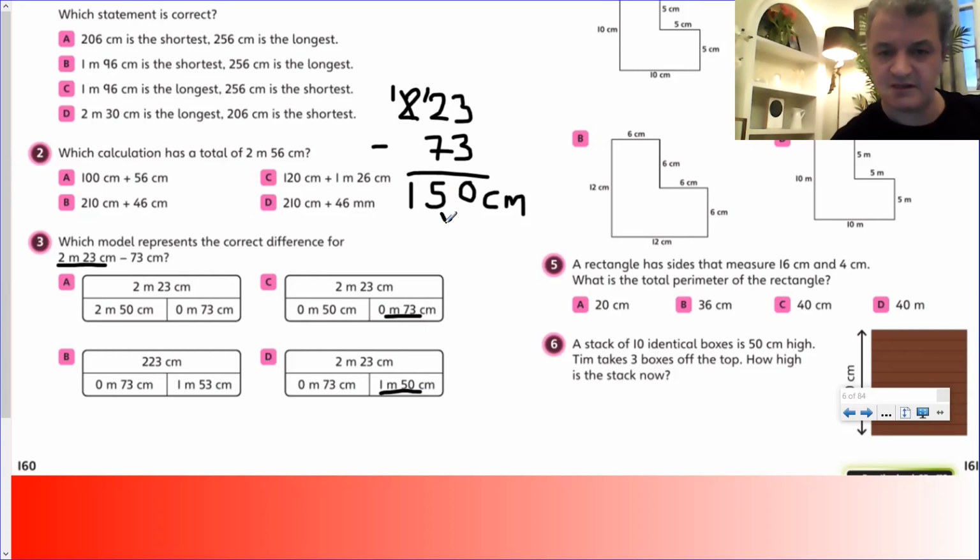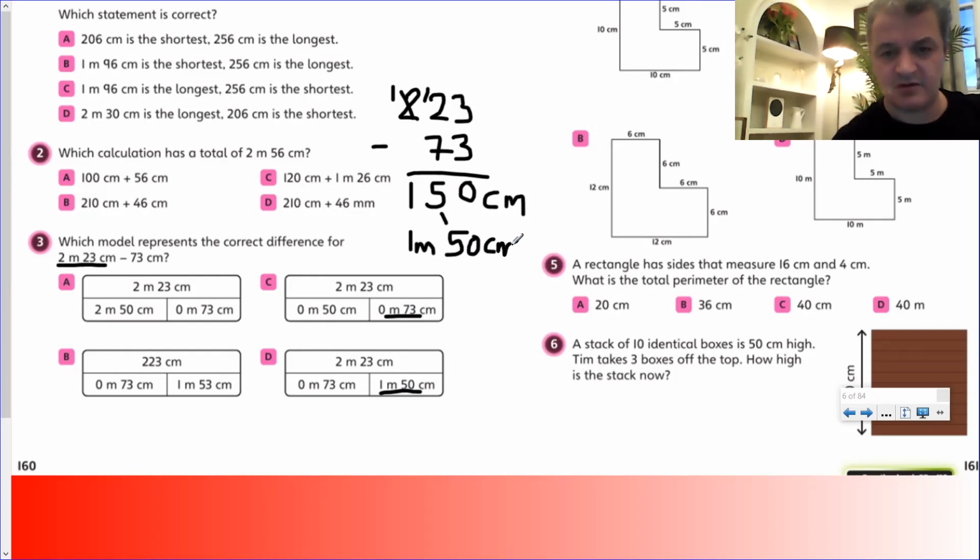So I'm going to convert this into meters and centimeters. 100 centimeters is 1 meter. So this measurement converted would be 1 meter, 50 centimeters.